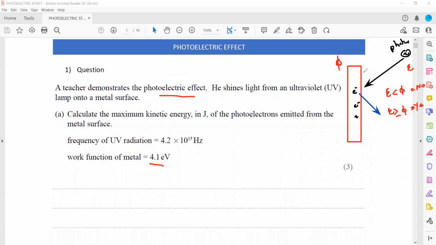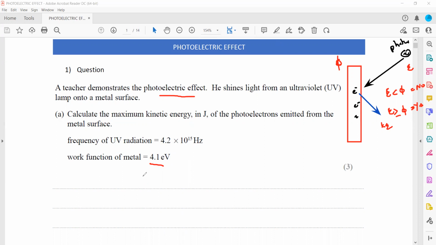If we want to relate them by an equation: the photon strikes the metal, the electron absorbs it and uses some of the energy to come out from the metal surface, and the remaining energy is used as kinetic energy.